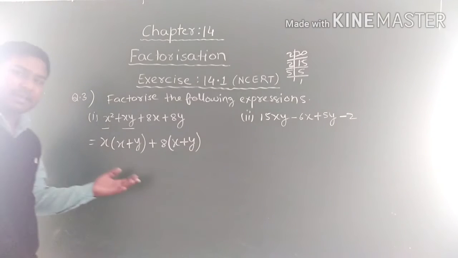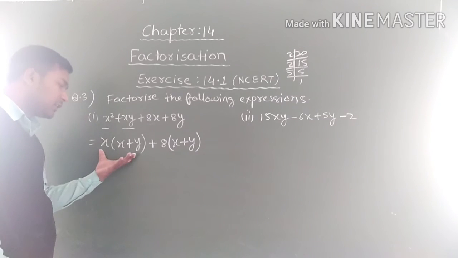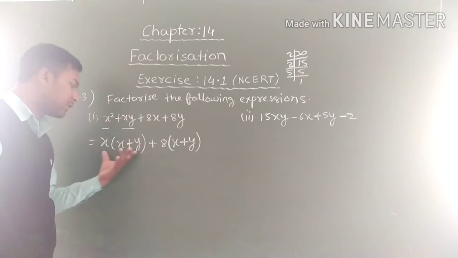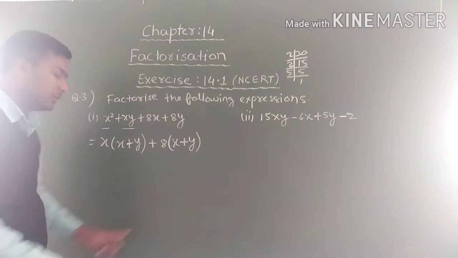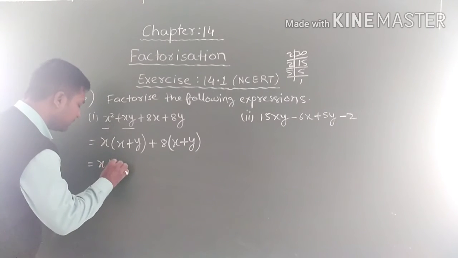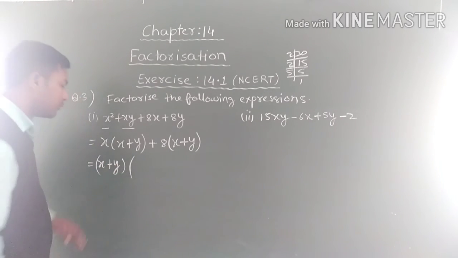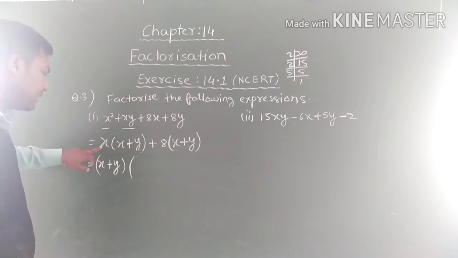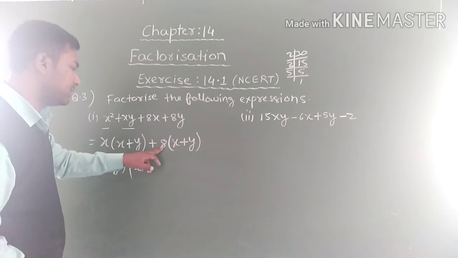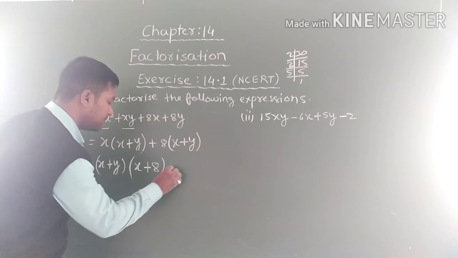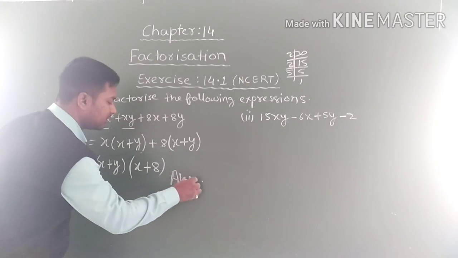Again, this is first term, this is second term. Just take common in these two terms: x plus y is common. So what is left in the first term? x is left, plus what is left in the second term? 8 is left. This is x plus 8.